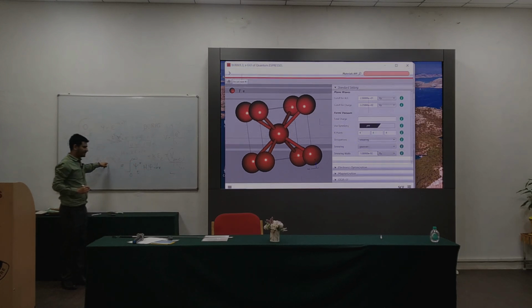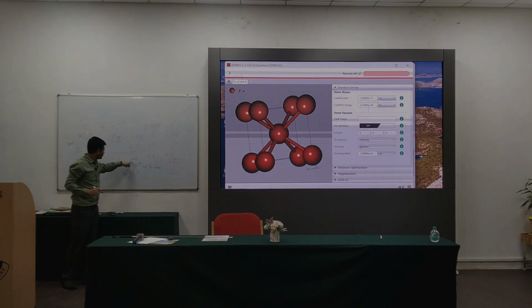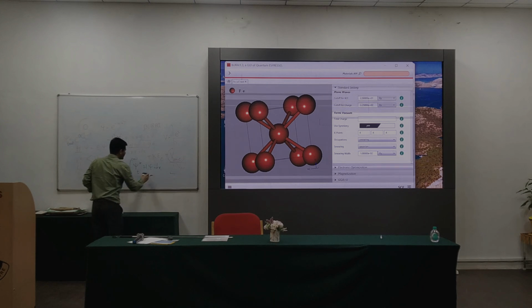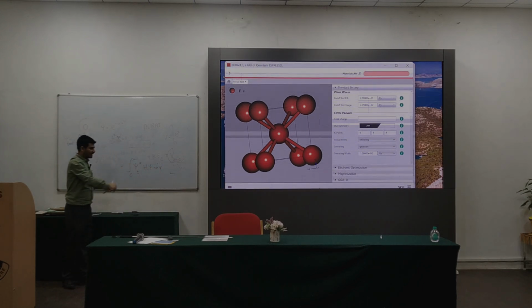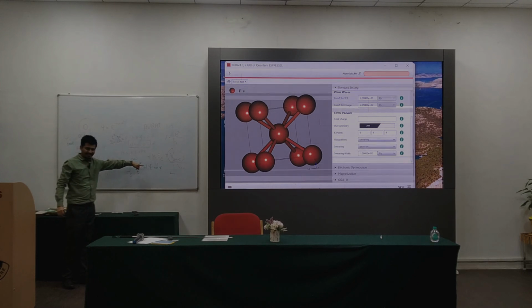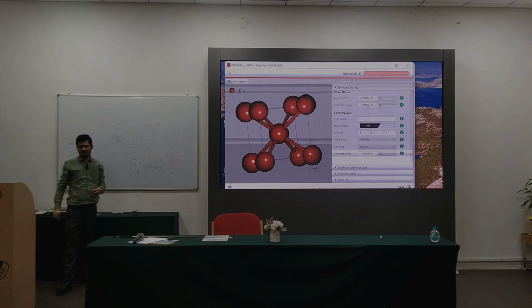This is an integration, and the integration limit is 0 to, I will put r, since we are always considering r, then it is 0 to infinity. If it is x, then it is minus infinity to plus infinity.